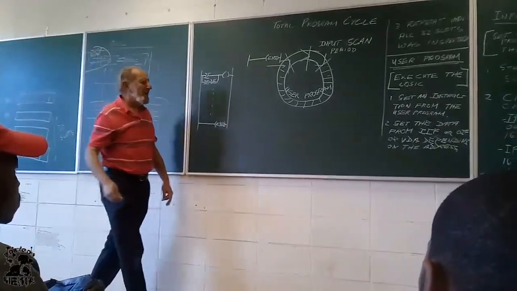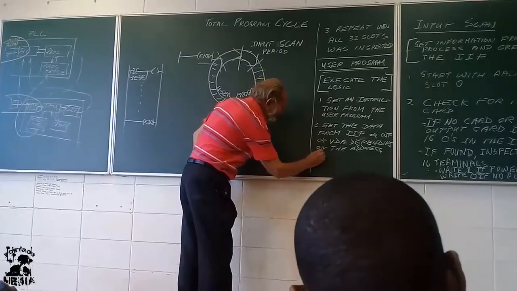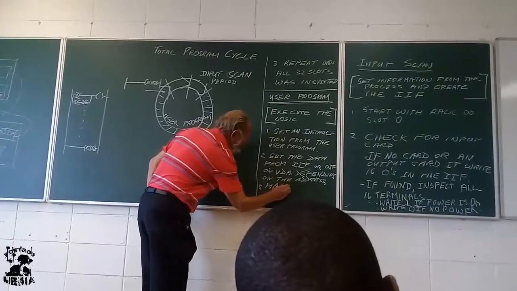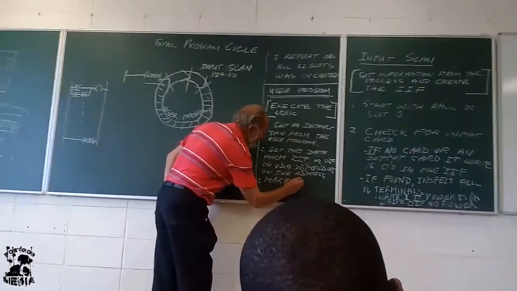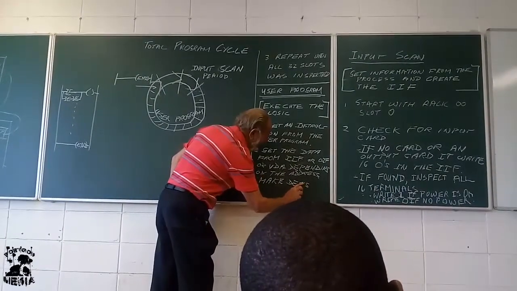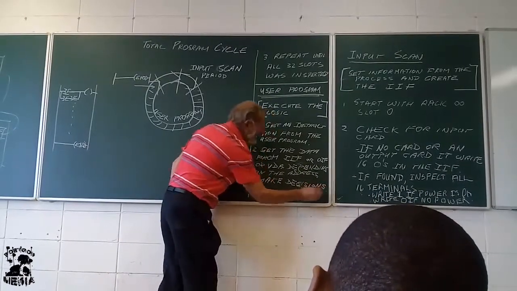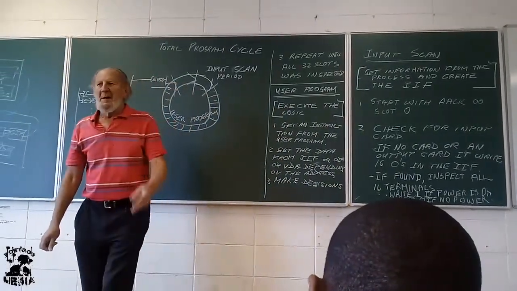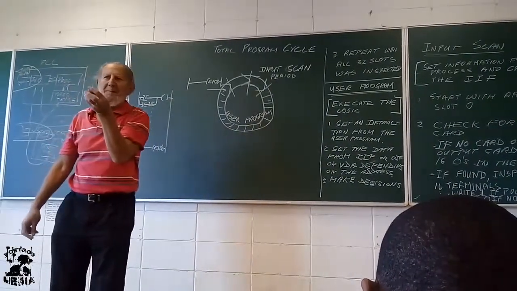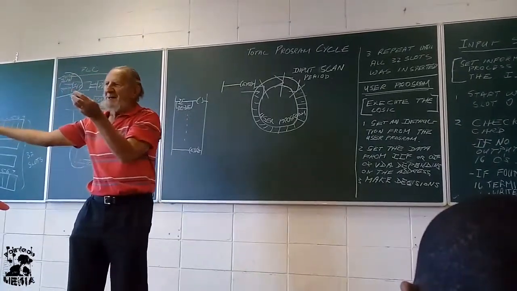What does it do then? It makes decisions. It says, okay, the instruction was normally open. The address was I. What is the data?